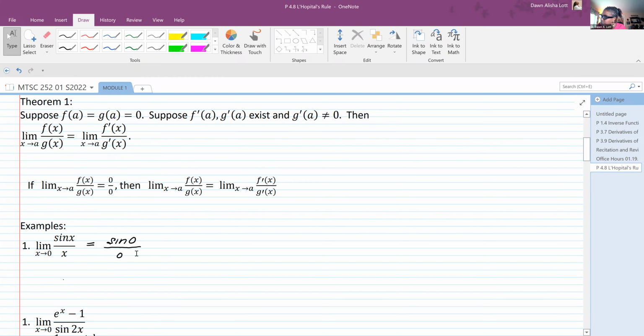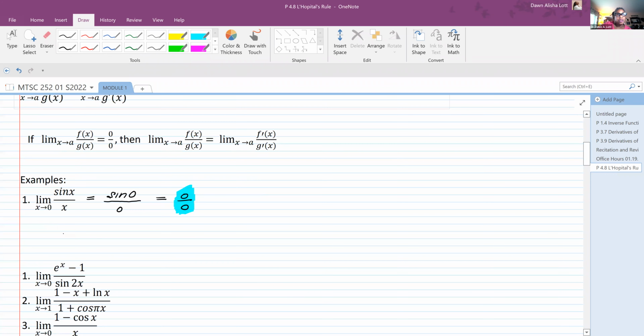The sine of 0 is 0, so I have 0 over 0. Now I have that first indeterminate form, 0 over 0, and so I need to work harder because 0 over 0 is not a valid answer.